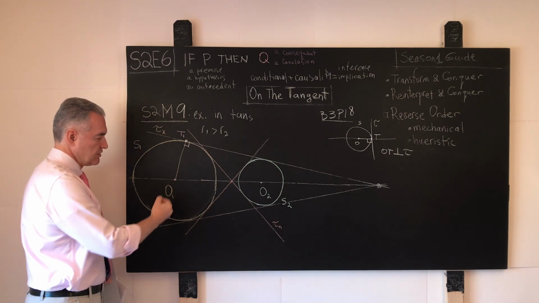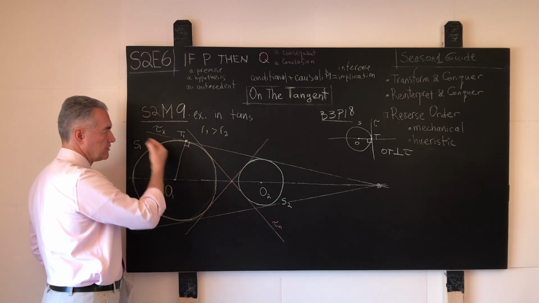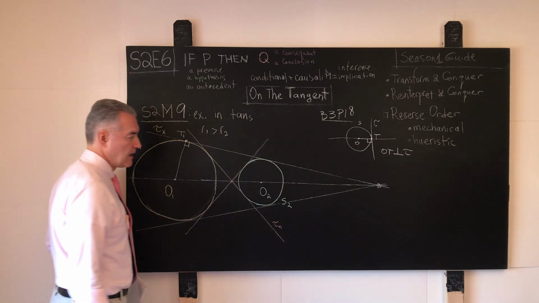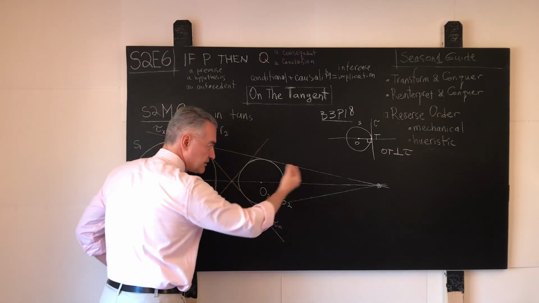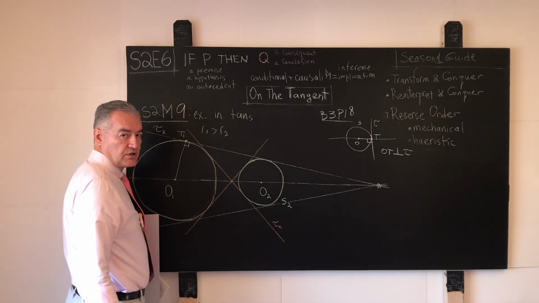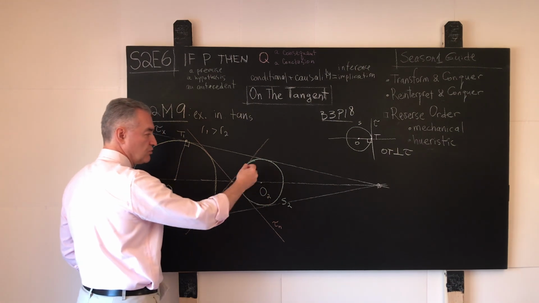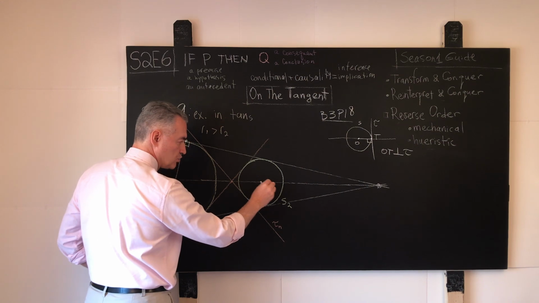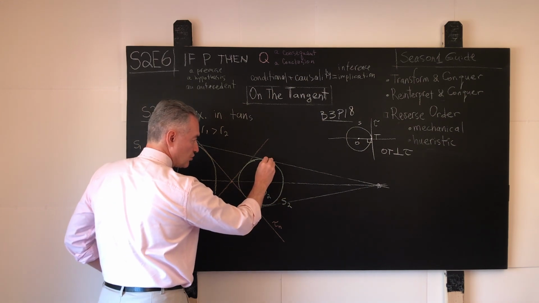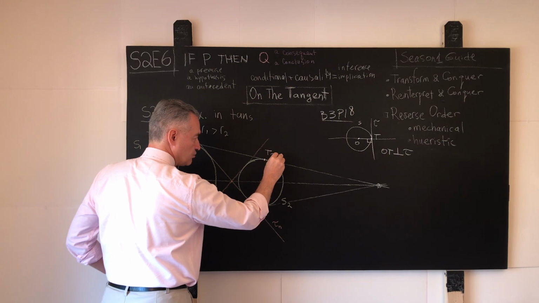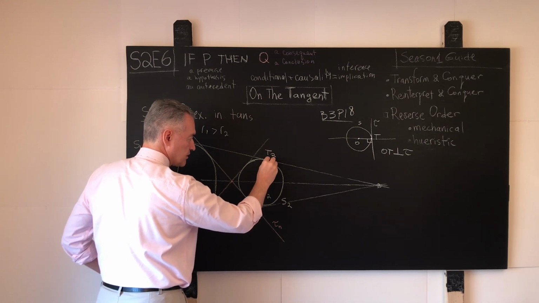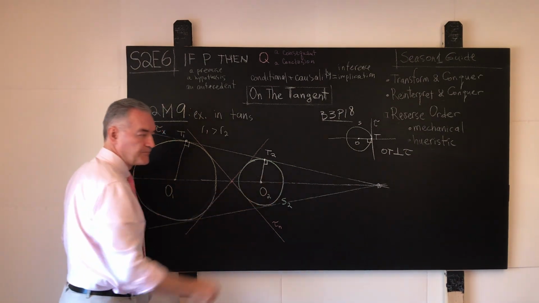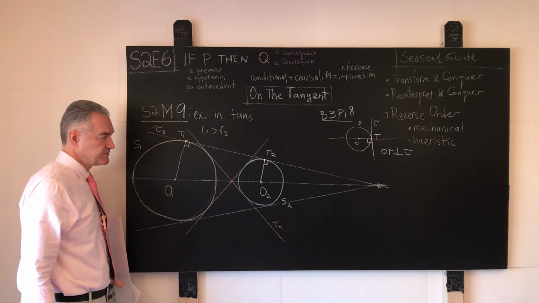In other words, the straight line O1T1 will be perpendicular to the given external tangent tau x. And since that external tangent is also tangent to the circle S2, the same idea must apply. So a straight line drawn from the center O2 of the circle S2 to the shared point, let's name the point T2, like so, must be perpendicular to the given external tangent tau x.